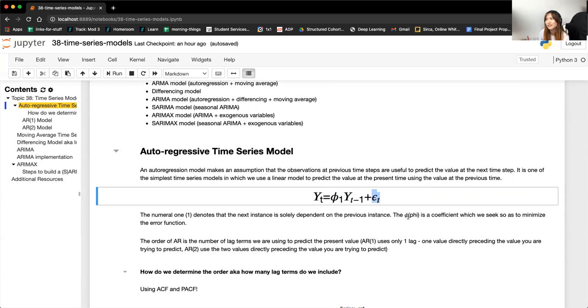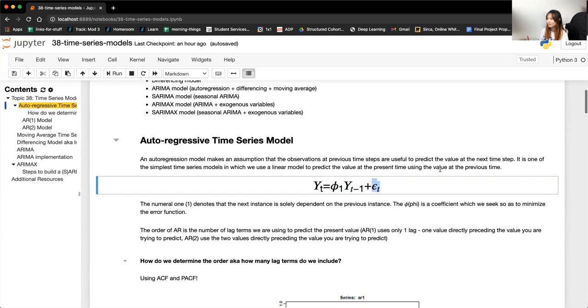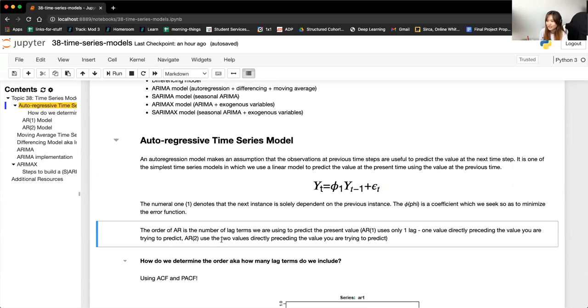And this you can think of as a constant term. With autoregressive, you can also have multiple lag terms. So you can predict price using yesterday's price and two days ago's price. And I have examples showing that in a little bit as well.